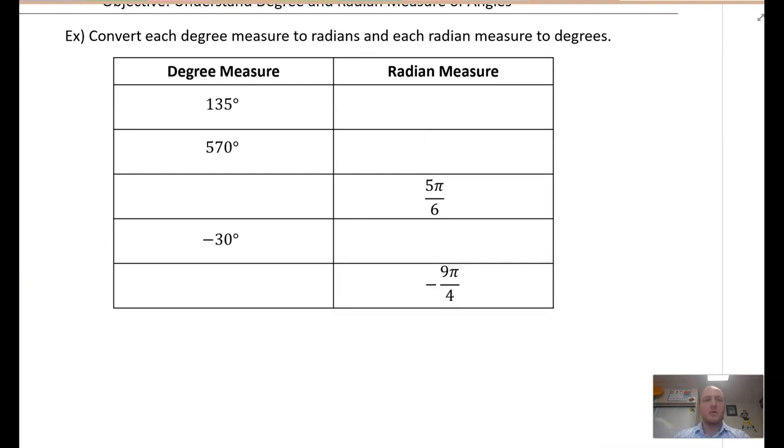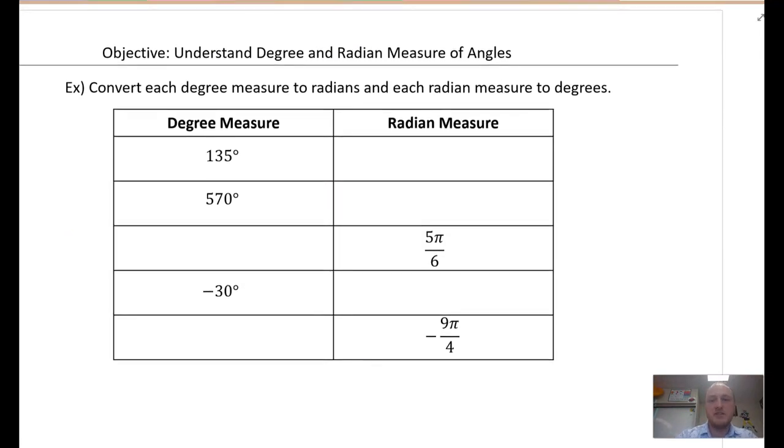First, I want to go from 135 degrees, and I want it in radians. So I'm going to multiply by, okay, I want radians, so pi radians on top, over 180. Now I'm going to reduce this.